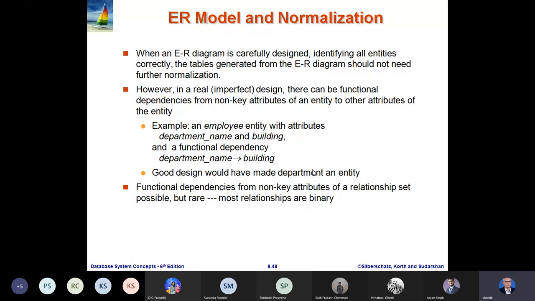If instead you try to push it to one of those sides, then you have made a wrong design. And that wrong design will violate your normalization principles.